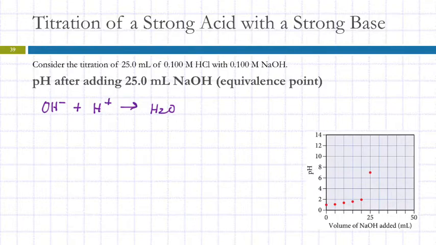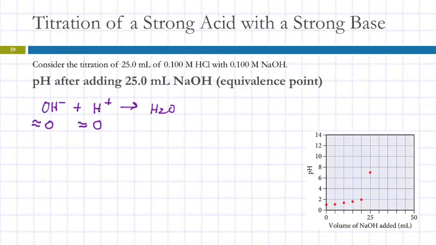So do I have 0 for these? Well, they're approximately 0. So this ends up being a neutral solution, right? Equal amounts of hydroxide and hydronium ion. So what's the pH? 7.